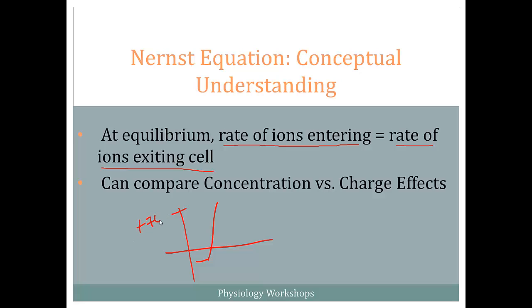Plus 70, maybe plus 75. This was negative 65. And eventually, this continued until enough sodium entered the cell to give the cell a positive charge of, like I said, plus 70 or plus 75, at which point the rate of sodium entering and exiting the cell were equal, and this was our new equilibrium potential.